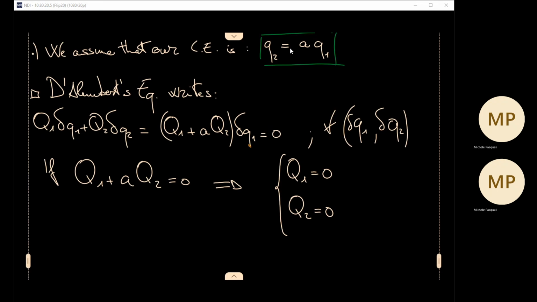Okay? In fact, this is not sufficient in the sense that they have to be linearly independent, but they have to be a complete set.